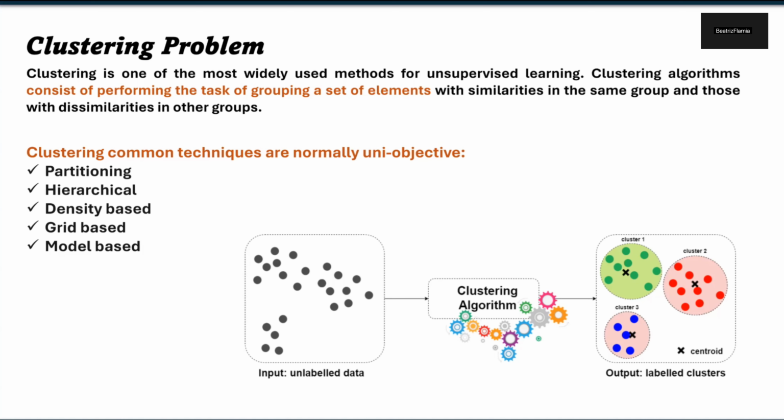In this case, I consider more than one function to categorize the data. It's useful for complex, real-case situations where we have a lot of information and a lot of parameters, and normally the uni-objective algorithm is not enough to deal with this complexity. So we use another kind of algorithm.